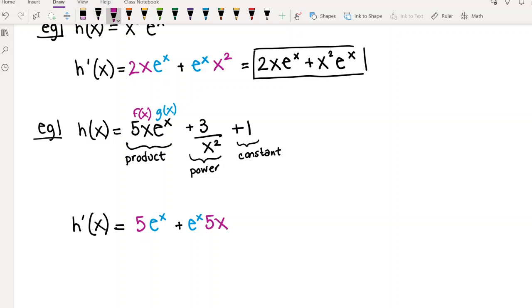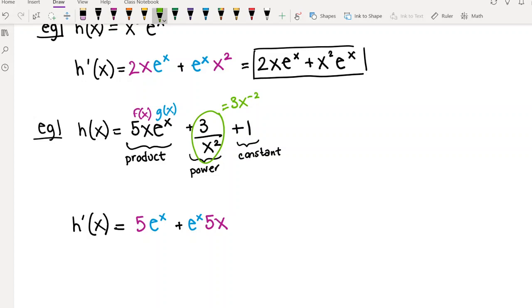Okay, so now let's take the derivative of the next two parts. Because we do know that when you're taking a derivative of a function where you're just adding up different things, you can focus on each part individually and just add up those derivatives at the end. So we might want to rewrite this power rule part as 3x to the negative 2. That would be an equivalent way of writing 3 over x squared.